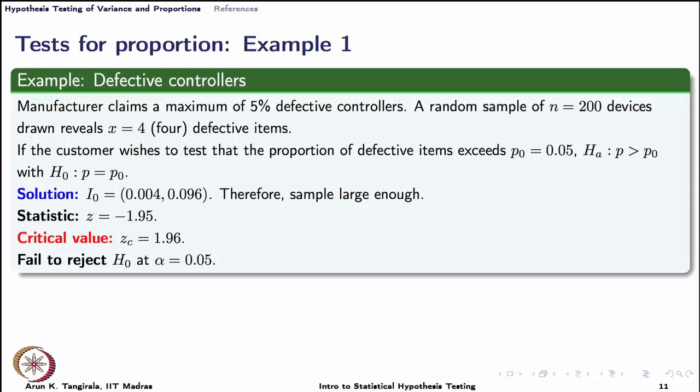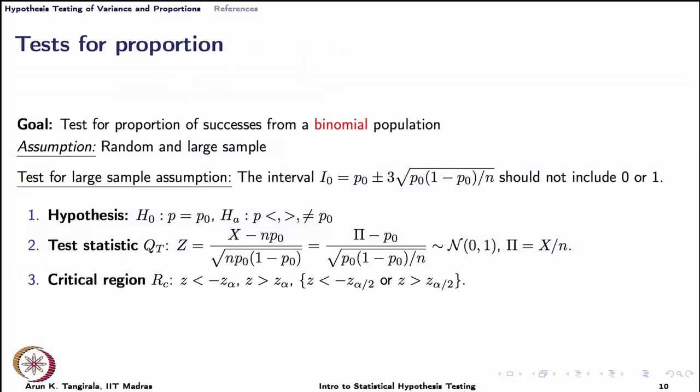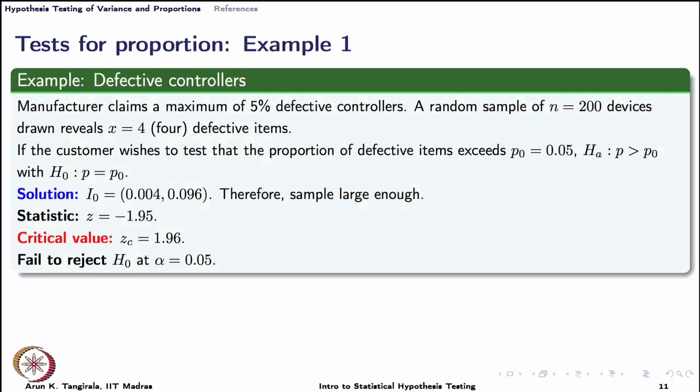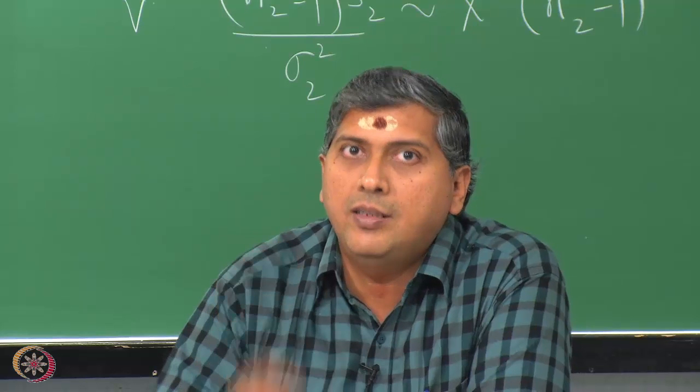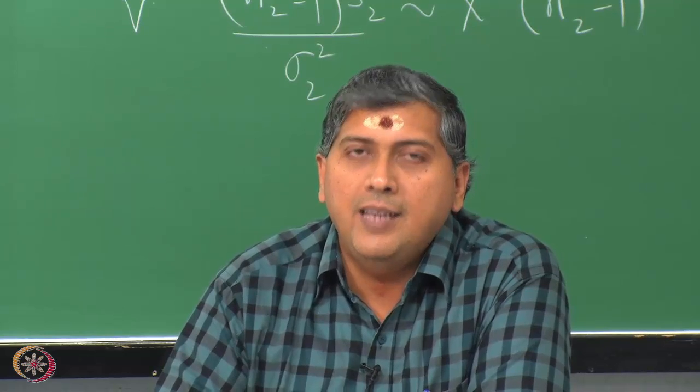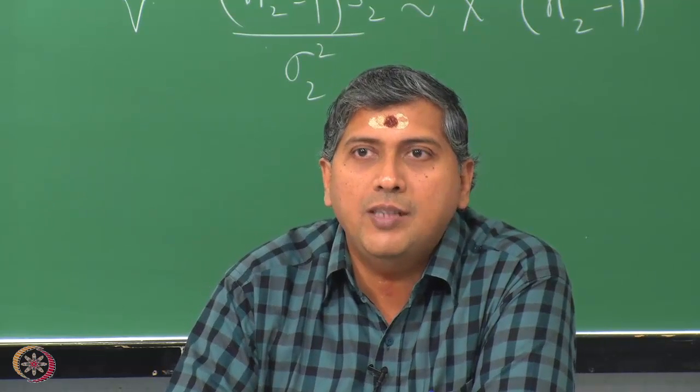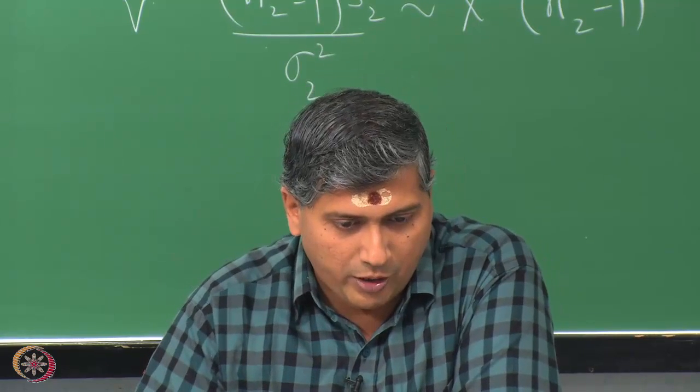You can check that. Just go back and calculate the confidence interval with n equals 200 and p naught equals 0.005. So, you see, what we call an extreme proportion is relative to the sample size that you have. That is very important to remember.